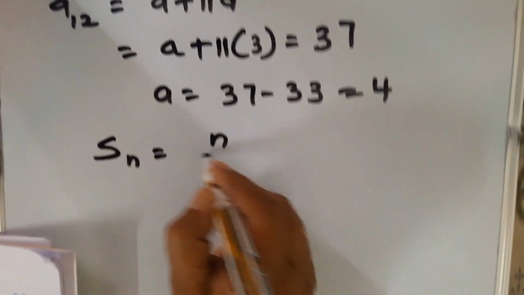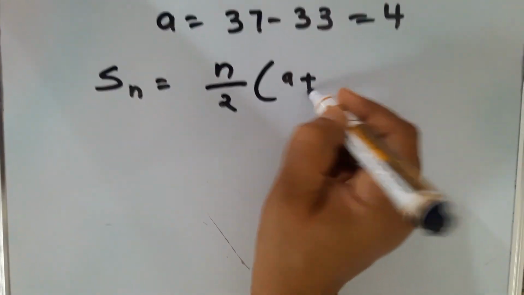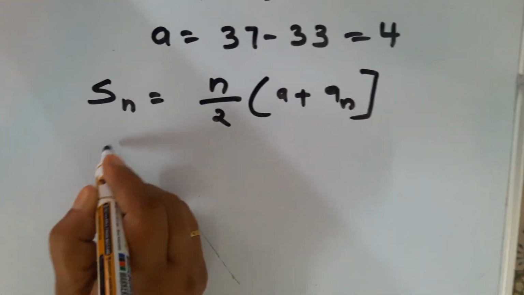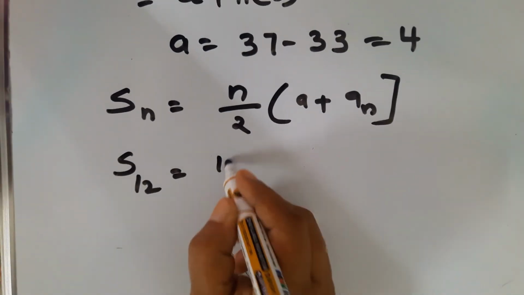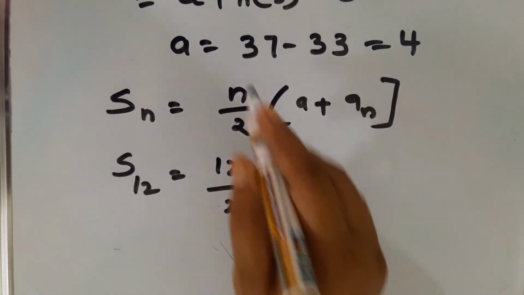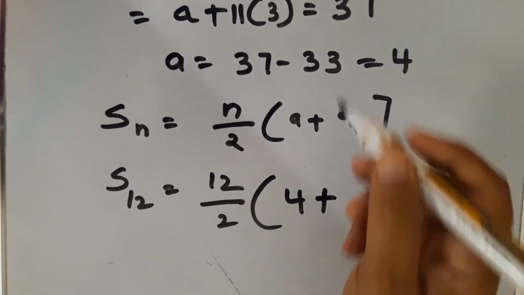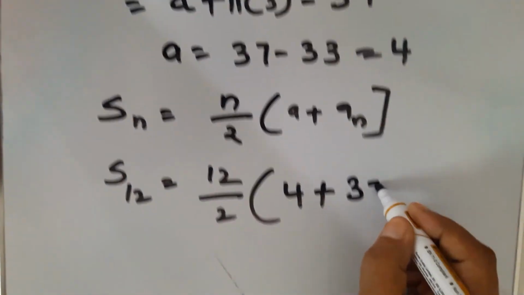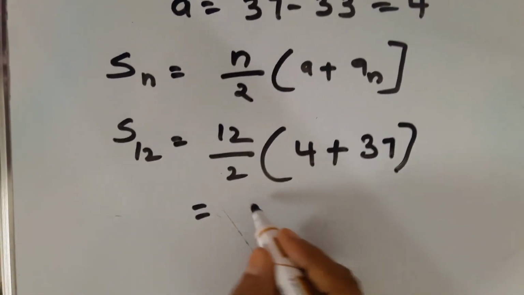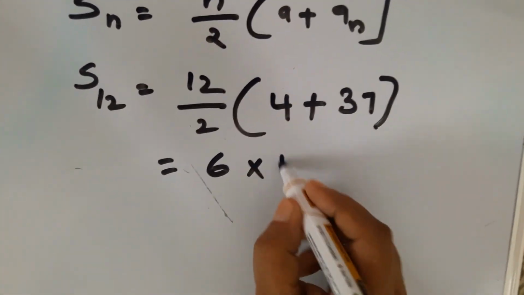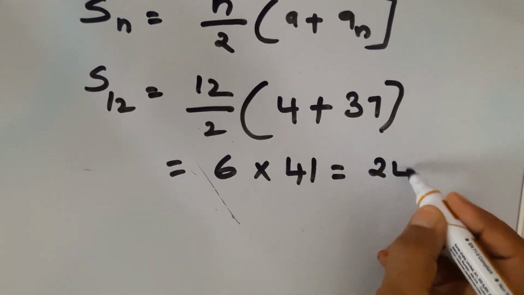Sn formula is N by 2 into A plus An. So S12 will be equal to 12 by 2 into A is 4 plus An is 37. Right. So substitute this, 6 into 41, that is 246.